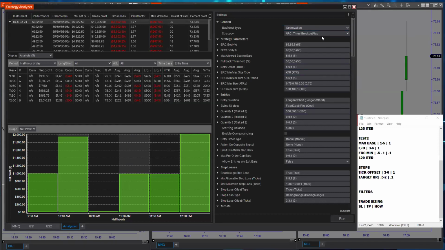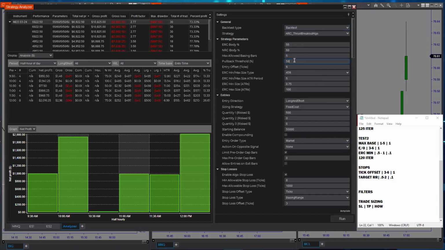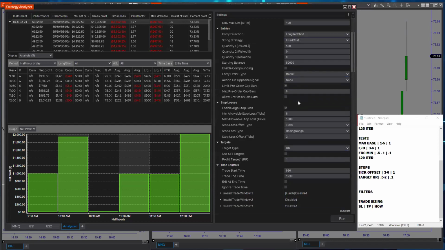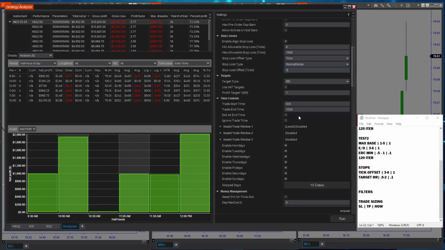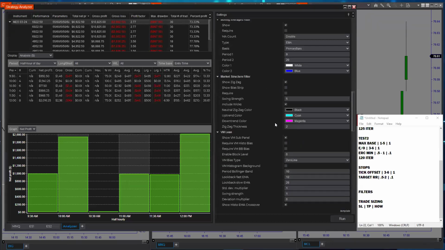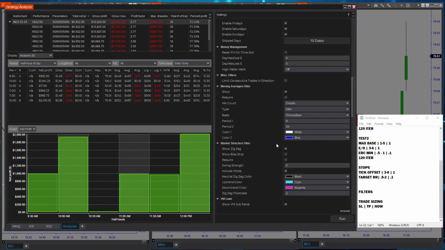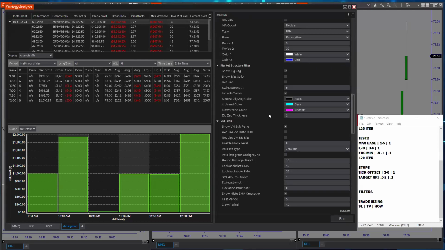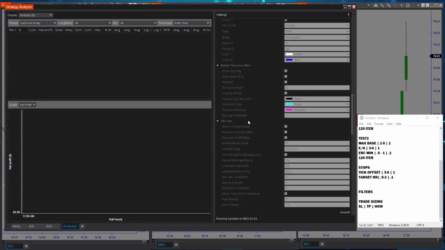Save. Back test. 5065. Yes, yes, yes, yes, yes. Good, good. Yeah. Basing range ticks. Cool. 930 to noon 30. Show, but don't require. I'll change this back to 2. Run it.